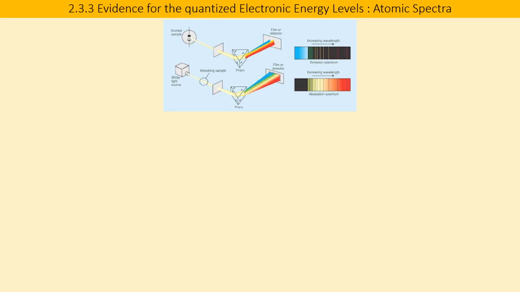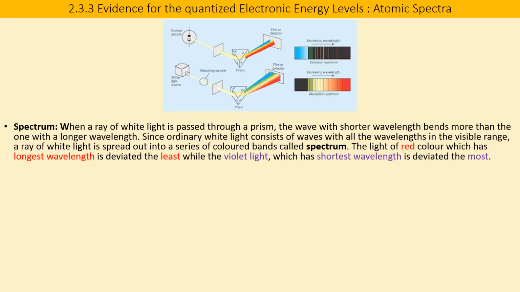It is observed that when a ray of white light is passed through a prism, the wave with the shorter wavelength bends more than the one with a longer wavelength. Since ordinary white light consists of waves with all wavelengths in the visible range, a ray of white light is spread into a series of color bands called a spectrum.